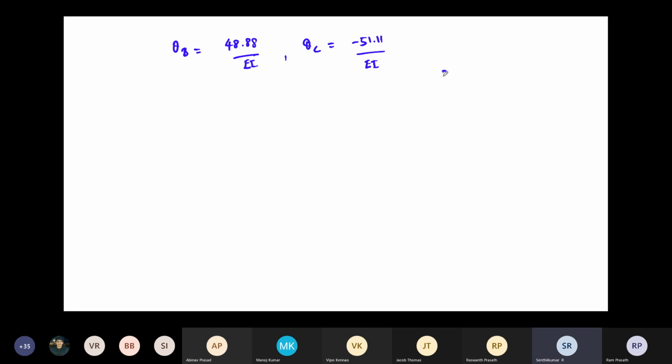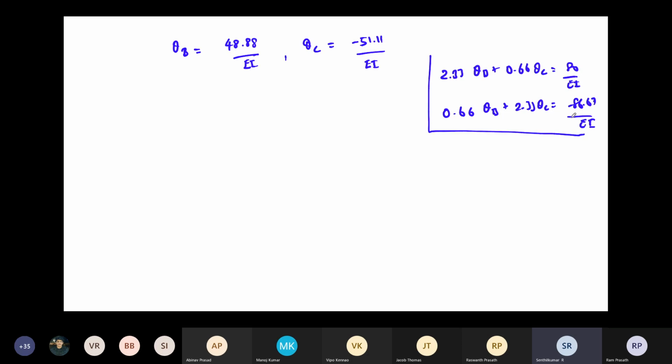The equation is 2.33 theta b plus 0.66 or 0.67 theta c equal to 80 by EI, and then 0.66 theta b plus 2.33 theta c equal to minus 86.67 by EI. Right?